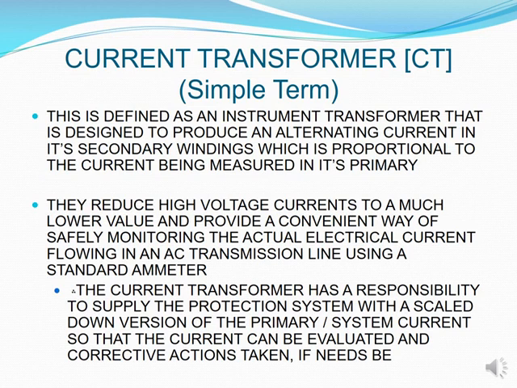But all it does is that it gives it such to a low value of either 1 or a 5 so that we can easily be able to put in simple and small numbers into our relays. So they reduce your high voltage currents to a much lower value and provide a convenient way of safely monitoring the actual electrical current that is flowing into your transmission line.